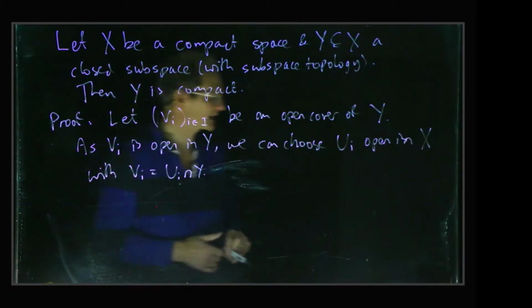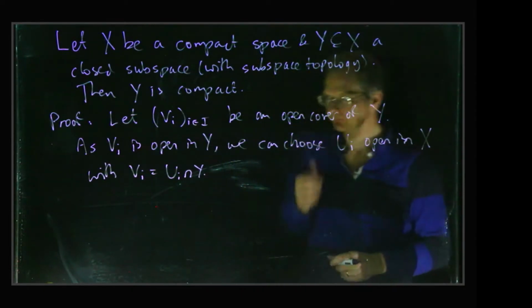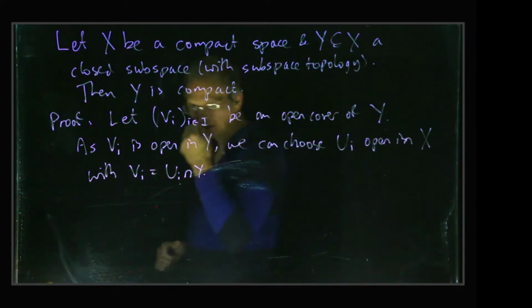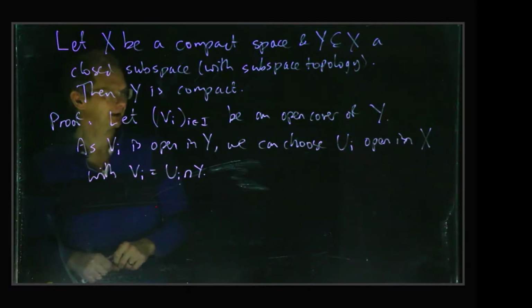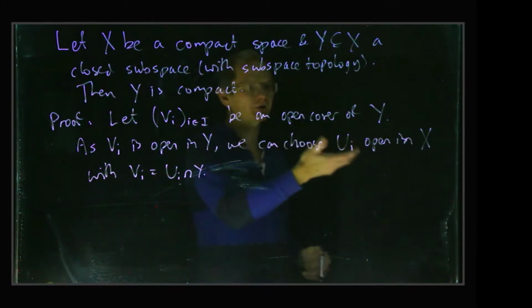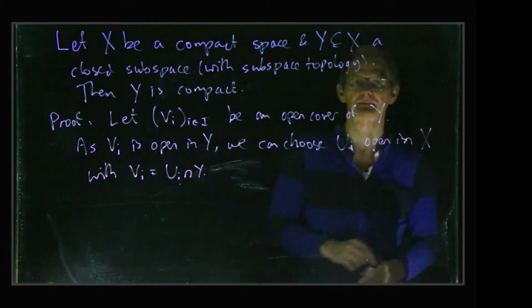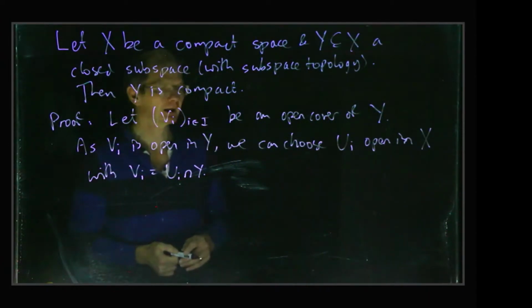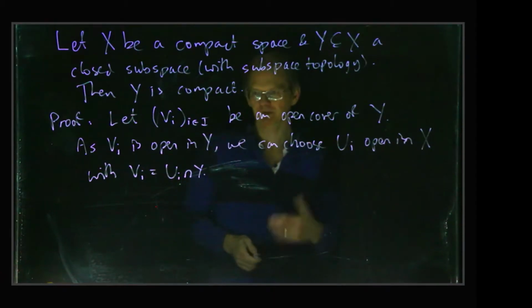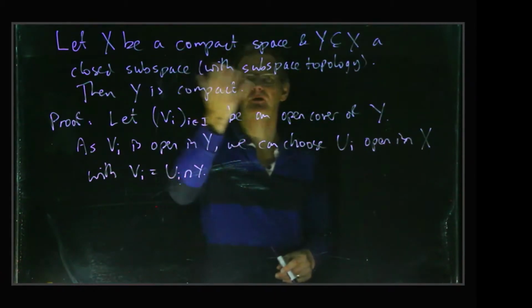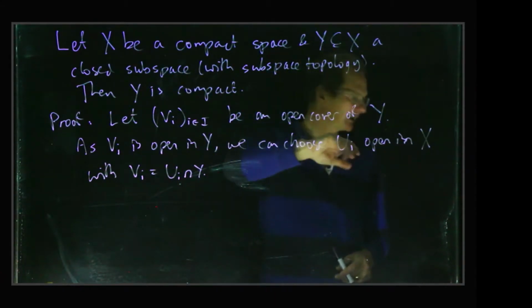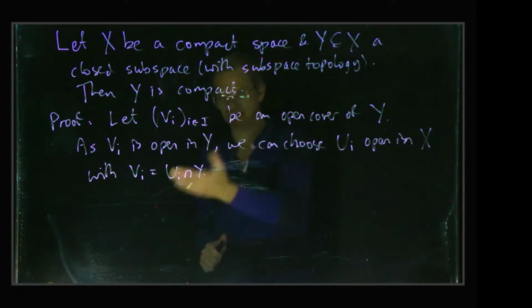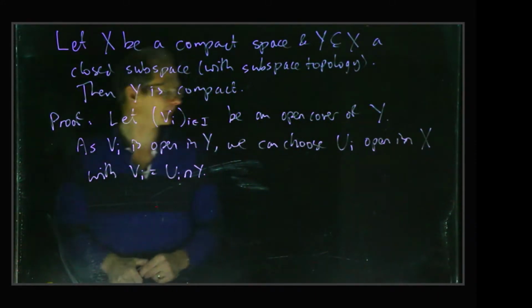Remember, this is how we defined the subspace topology. A subset of Y is open if and only if it's the intersection with Y of some set that's open in X. So that means we can choose these sets U_i. Now you can say, we wanted an open cover of X so that we can use the compactness of X. Is it true that these sets U_i cover X?